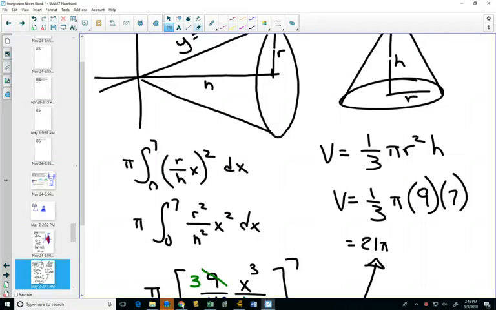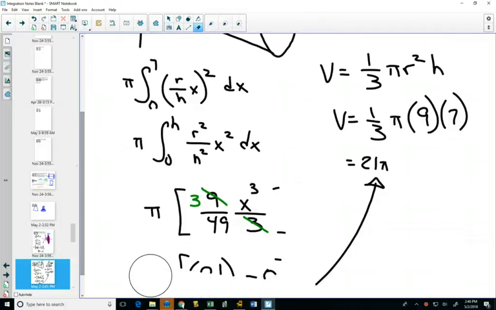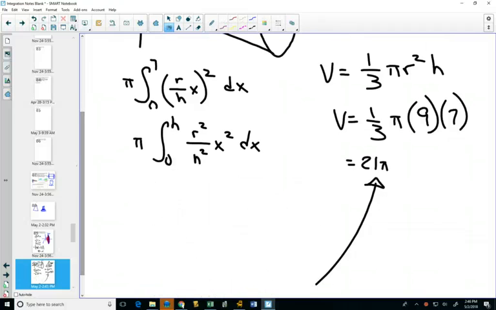From 0 to H. Okay, now I'm going to erase the rest of this. So let's integrate. Still have pi out in front.